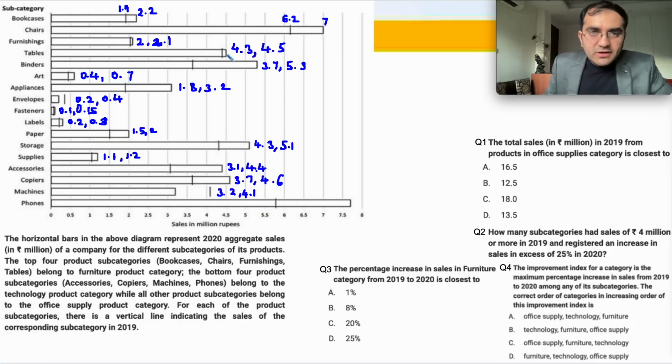This value is 4.5. 4.5 से थोड़ा सा कम, I'm putting it as 4.3. And then over here 3.5 से near to the midpoint of 3.75, but उससे थोड़ा सा कम, 3.7. And over here 5 and 5.5, ये midpoint से थोड़ा सा ज़्यादा है. 5.25 से थोड़ा सा ज़्यादा है, so 5.3.